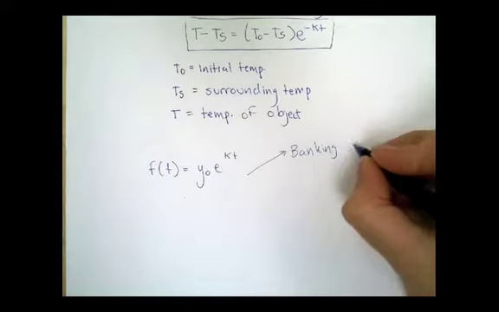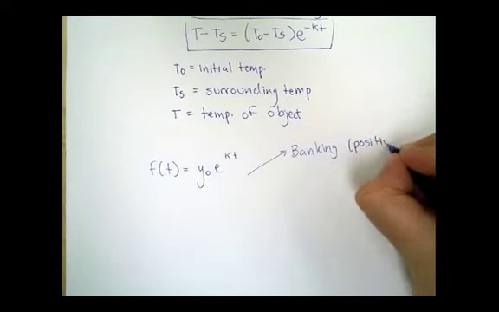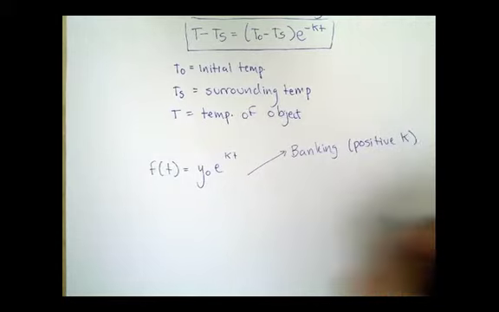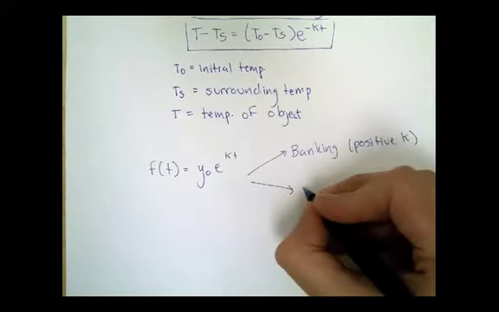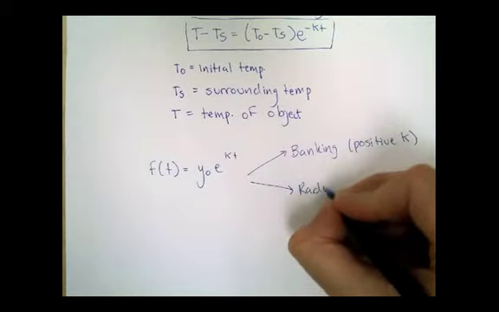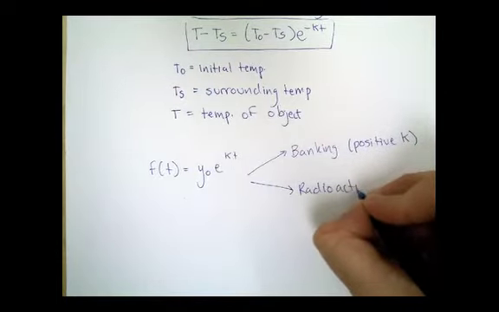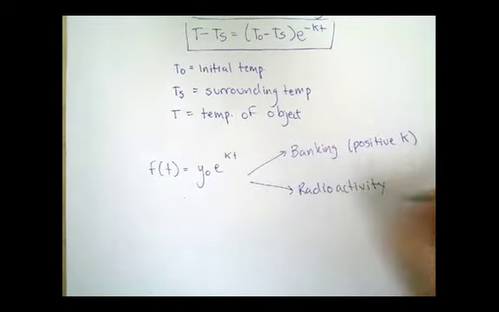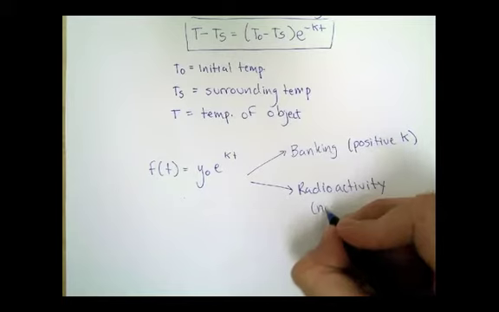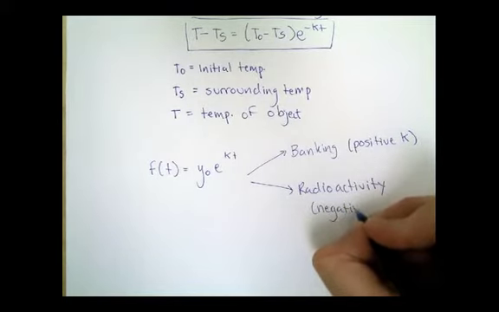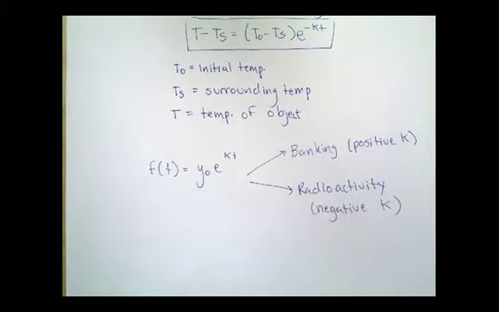We're usually talking about a positive k value. So positive growth value. Or you could talk about radioactivity problems, where we're talking about decay. So we have a negative k value.